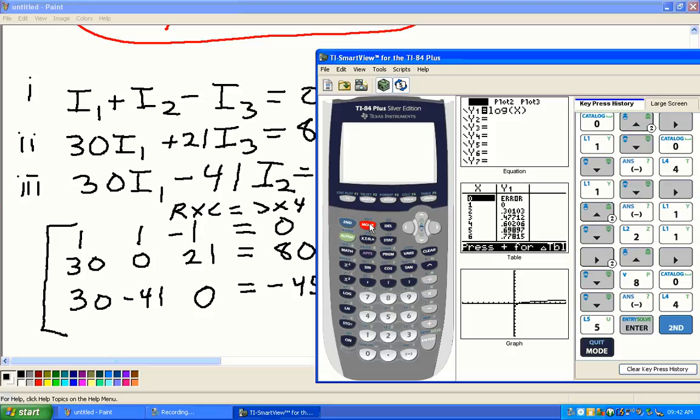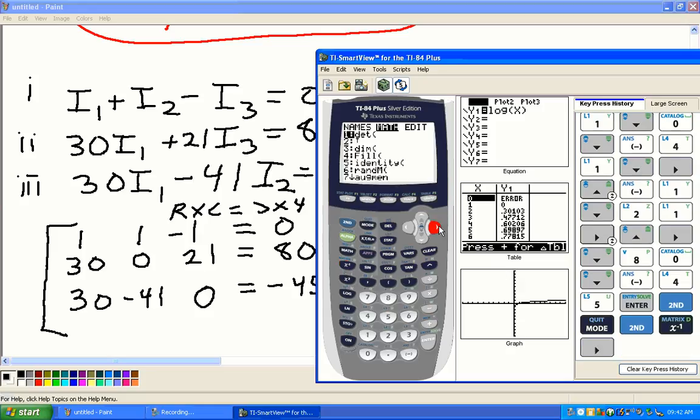So it's back to the matrix button. We would like it to do the mathematics. And the one that we want down here is letter B, reduced row echelon formation.